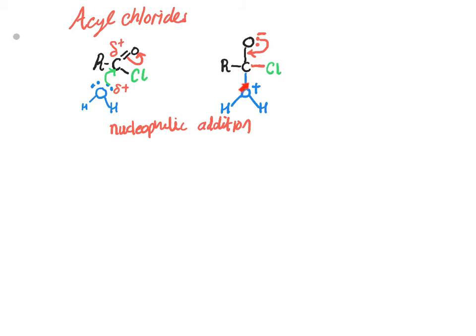If this bond breaks, we end back up with the acyl chloride. However, the more likely scenario is for the carbon-chlorine bond to break, since it has the weakest bond energy compared with a carbon-oxygen bond. The carbon-chlorine bond is going to break because chlorine is more electronegative. The electron pair will move onto the chlorine atom.